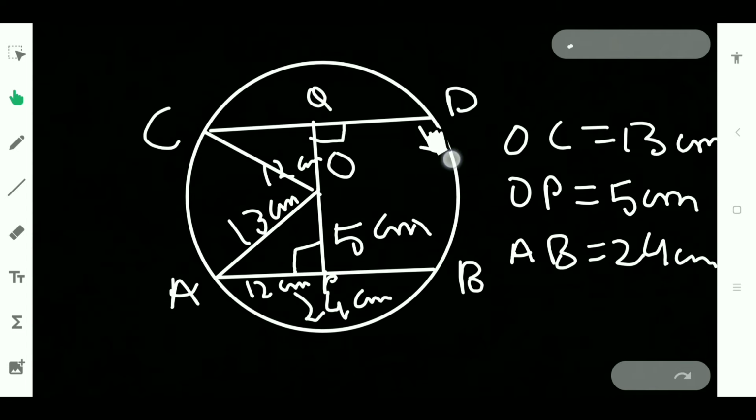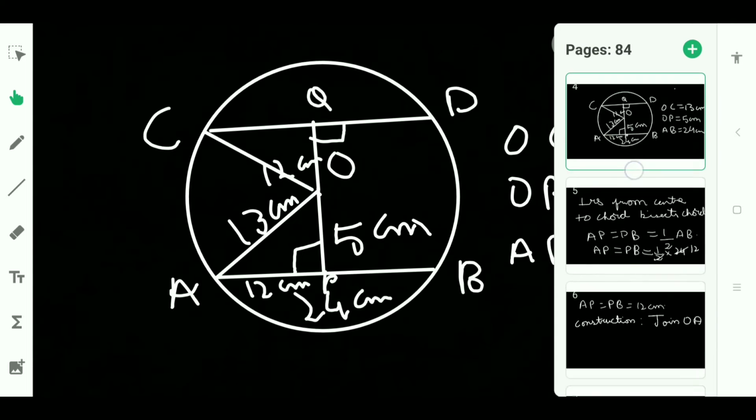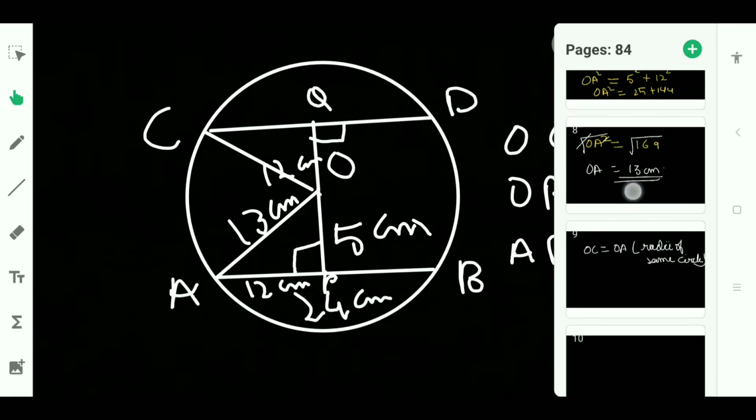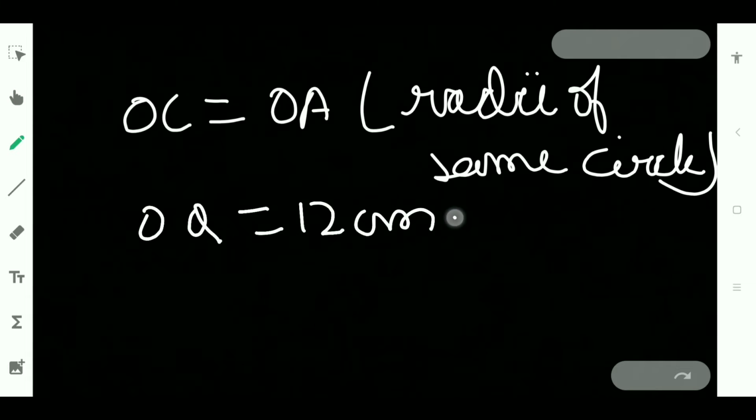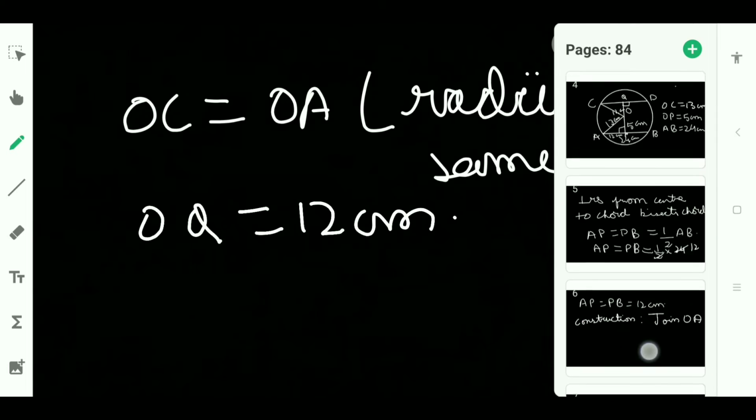This chord will be at distance of 12 centimeter from the center. So that we have given names OQ. OQ will be equal to 12 centimeter.